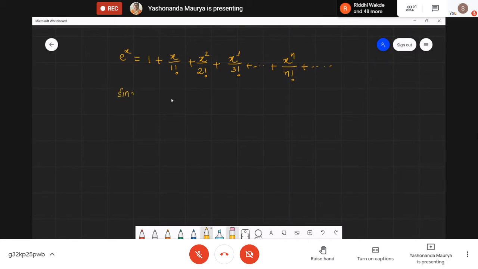Okay, now what about the sin x expansion? It is x minus x cube upon 3 factorial plus x raised to 5 upon 5 factorial minus x raised to 7 divided by 7 factorial plus x raised to 9 divided by 9 factorial, and here it is minus, and so on.